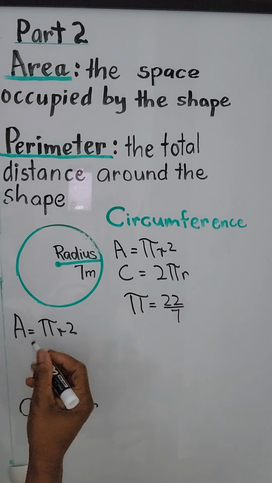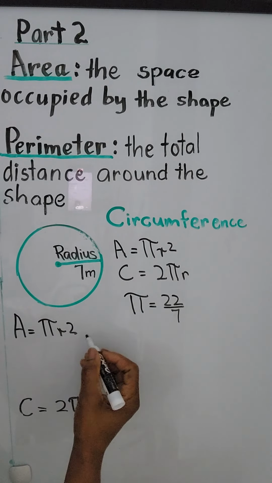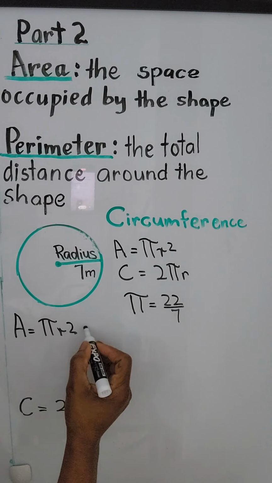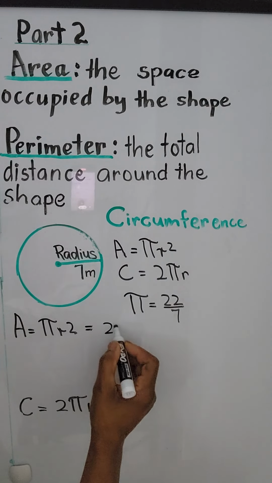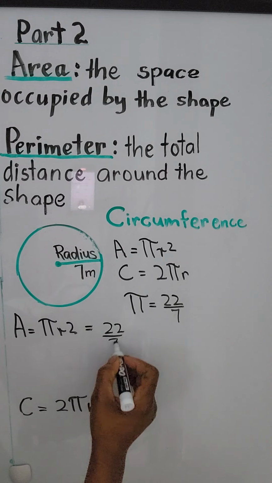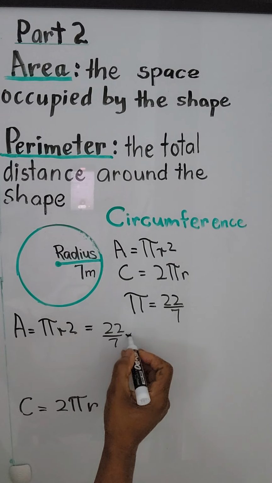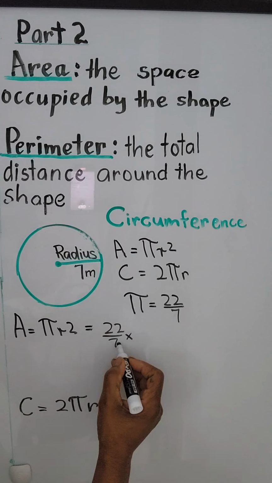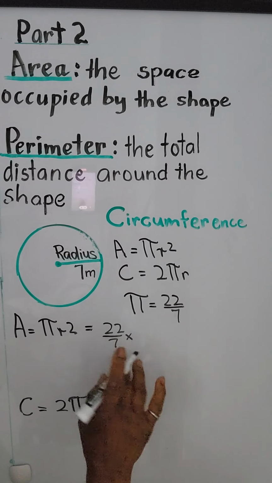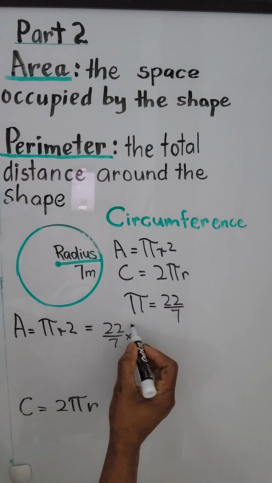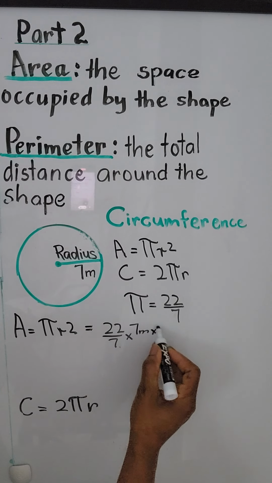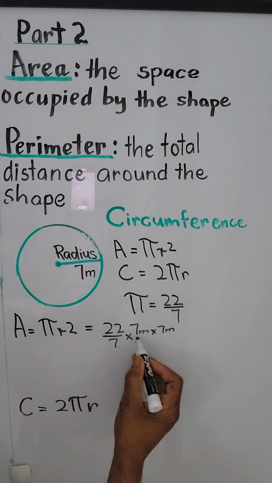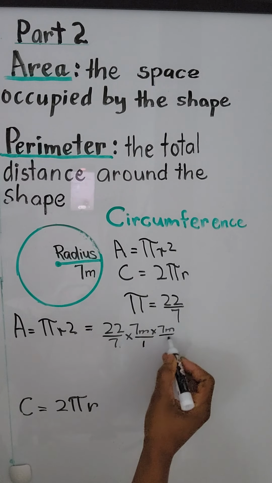Area equals pi r squared. So that is equal to 22/7 times 7 meter times 7 meter over 1.